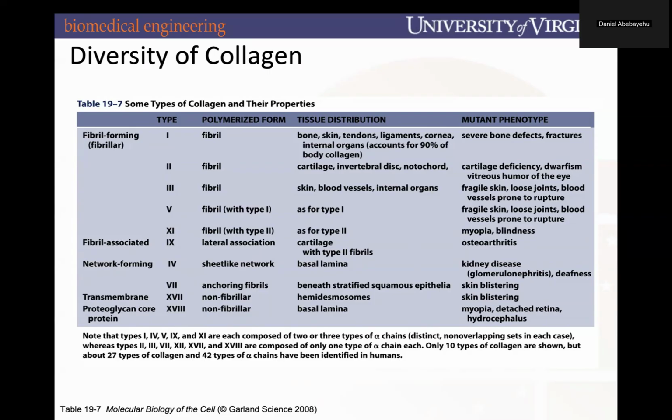And there are more recently discovered forms of collagen. There's a transmembrane form of collagen, as well as another form that serves as a core protein in proteoglycans. And so the key thing to note and walk away from this slide is there are lots of different types of collagen out there that are found in specific tissues.